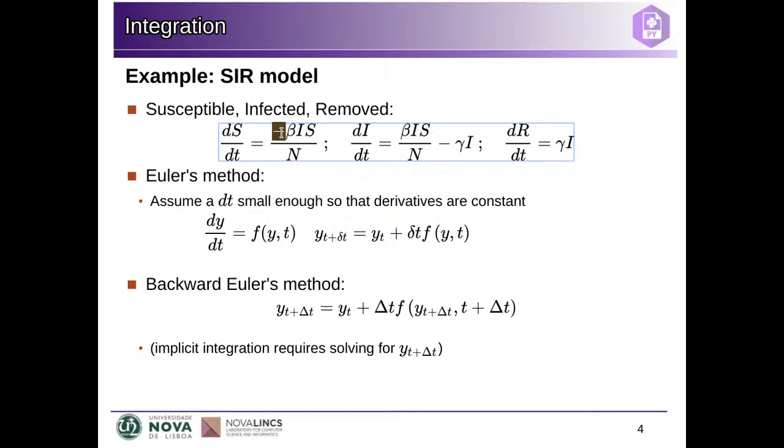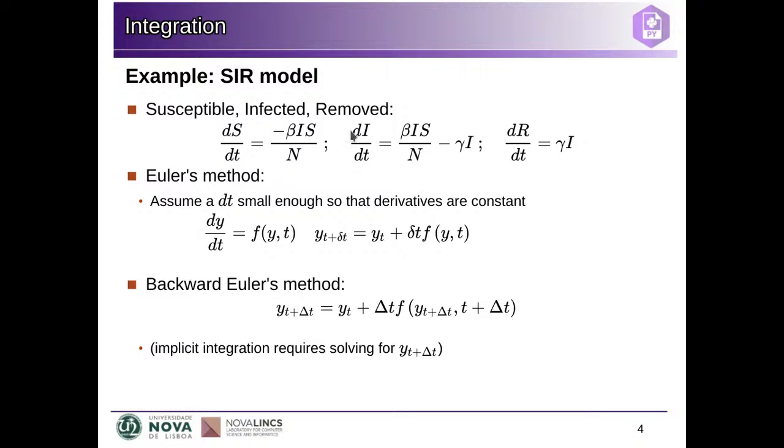So there is this minus sign here, and we have this beta parameter that allows us to calibrate this. So basically, beta will be a measure of how quickly the infection is spreading, or how easily it spreads. So beta is proportional to the basic reproduction number of the infection. And this N is a scaling factor for the total size of the population.